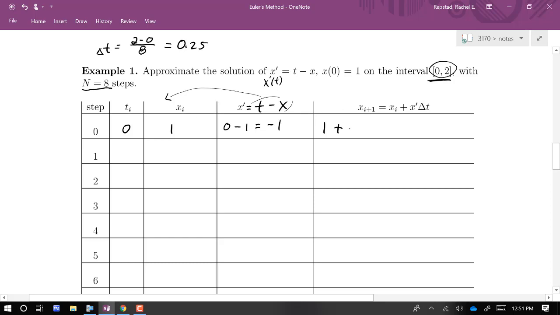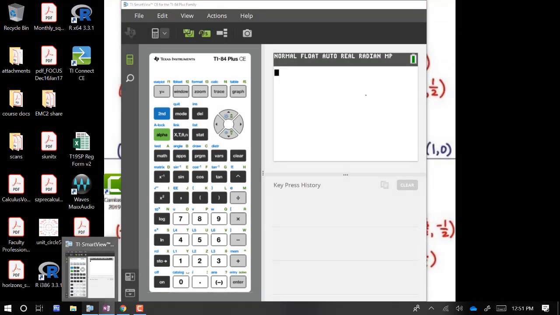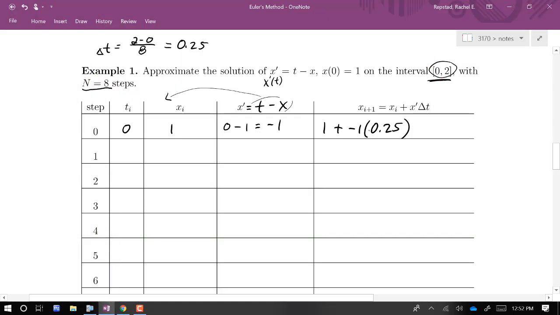So x prime is negative 1 times delta t is 0.25. Delta t doesn't change. That's constant always. And that will give me my new value of x. 1 minus a quarter is 3/4, so we have 0.75.